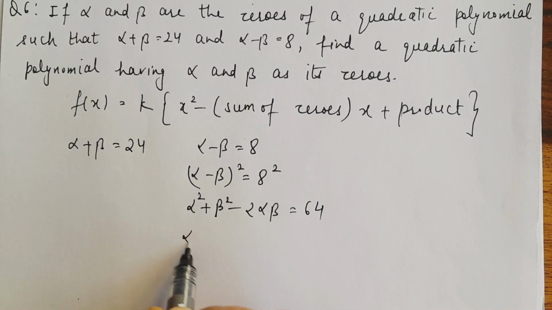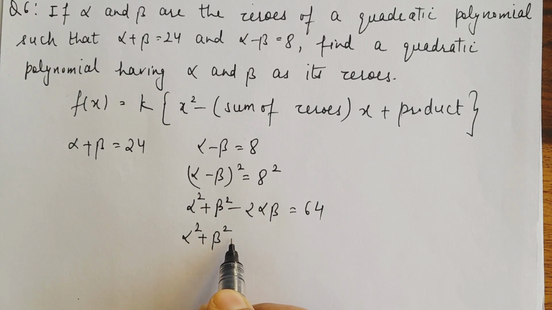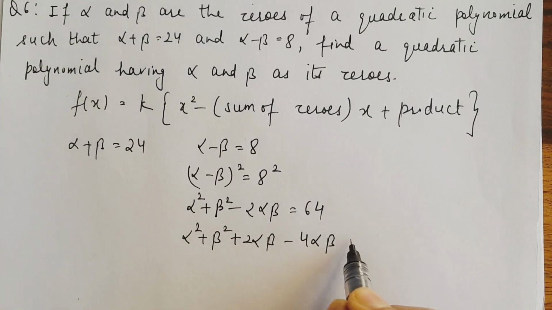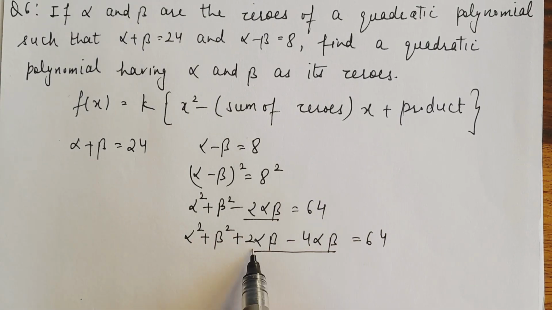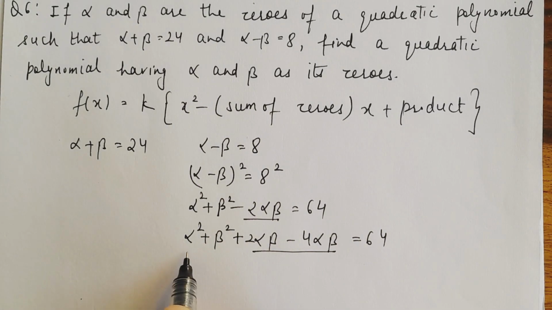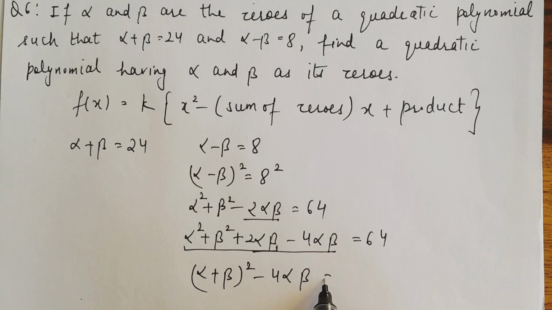Now we will use the identity which I mentioned earlier. We can write minus 2 alpha beta as plus 2 alpha beta minus 4 alpha beta, because minus 4 plus 2 is also minus 2. Now this complete will become alpha plus beta whole square, and the rest is as it is.